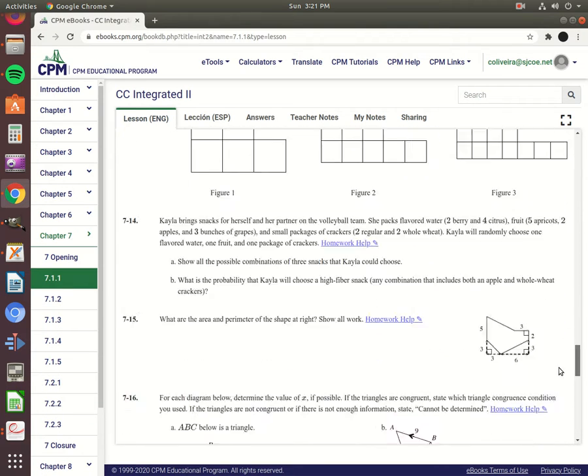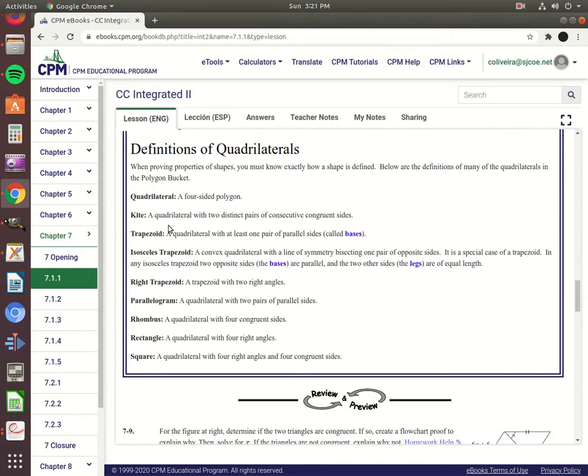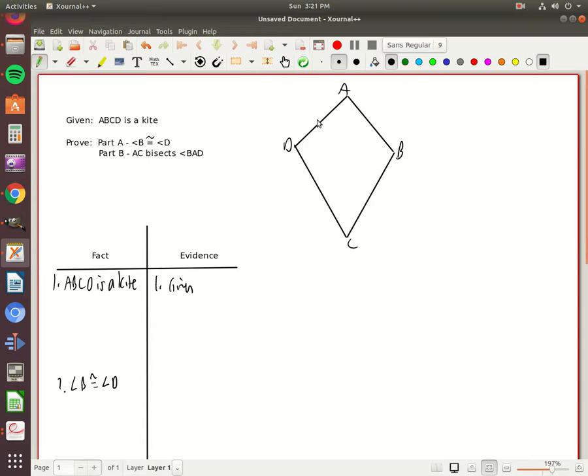So a kite is a quadrilateral with two distinct pairs of consecutive congruent sides. So I'm going to say, all right, well, I know that AD is congruent to AB and DC is congruent to BC, right? That's what I get to say there.